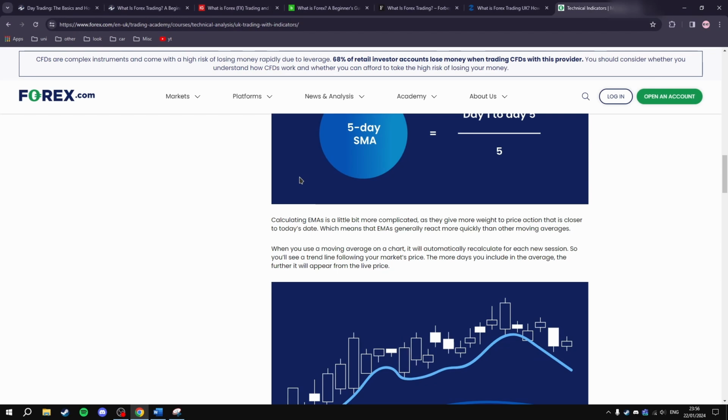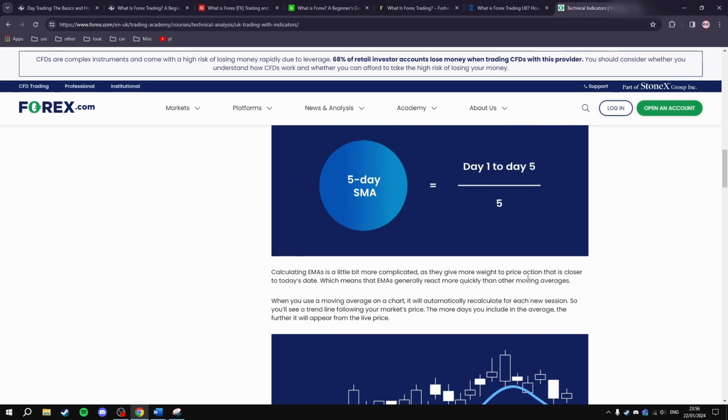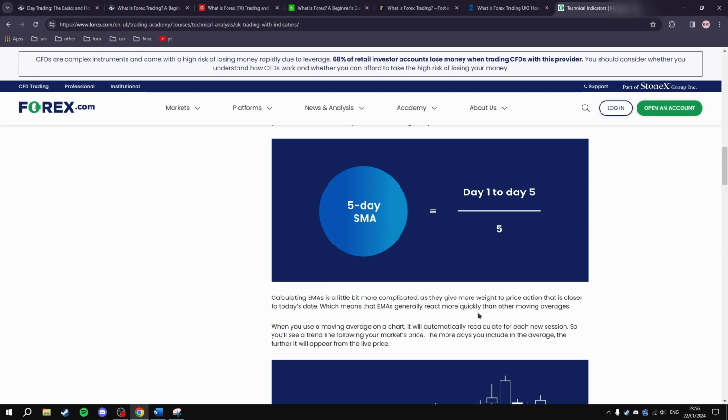Calculating an exponential moving average is a little bit more complicated, as they give more weight to price action that is closer to today's state.